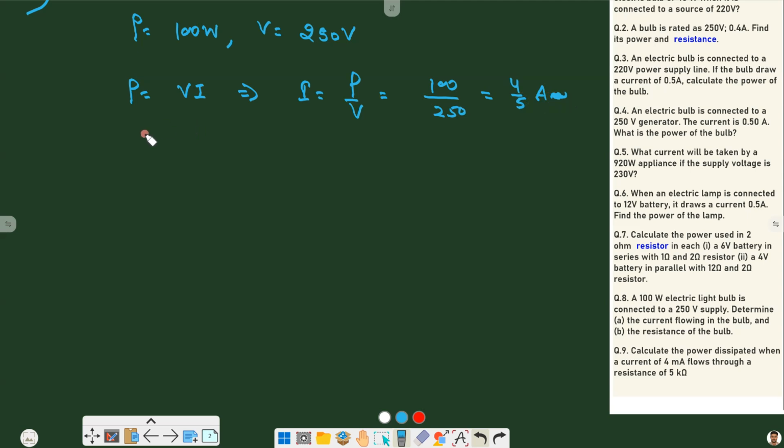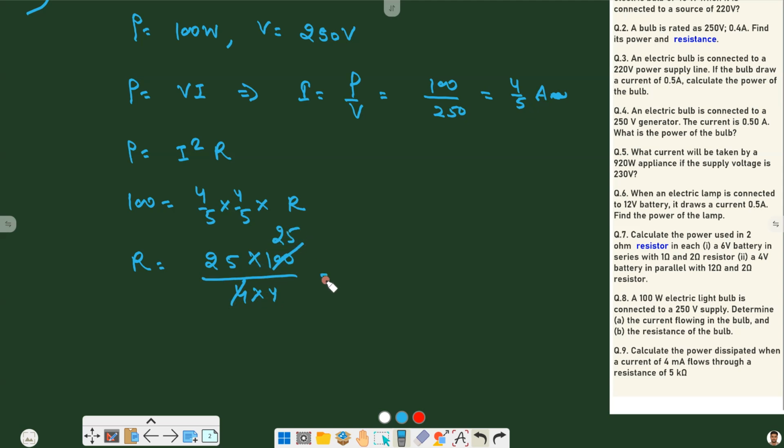Now power is also I squared R. So power is 100, and we got the I value now: 4 by 5 into 4 by 5 into R. So R is 25 into 100 by 4 into 4, that is 625 by 4, and it will be around 156.25 ohm. So this is question number 8.